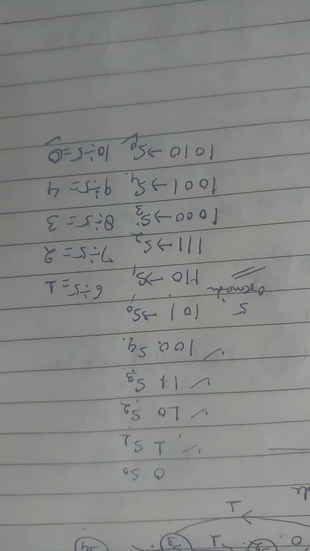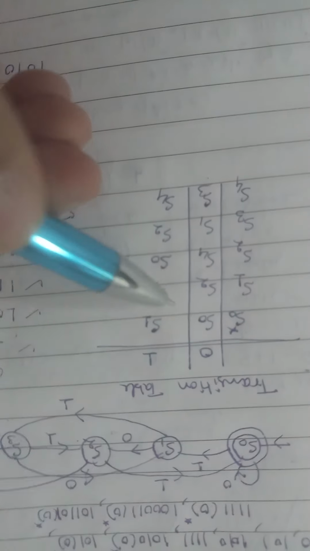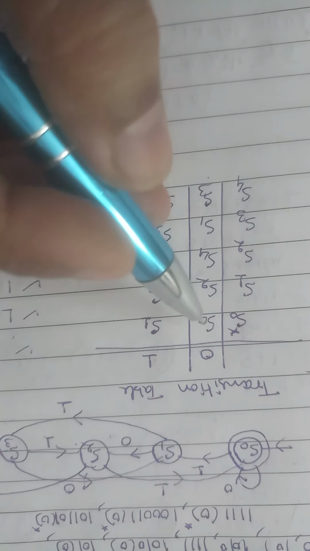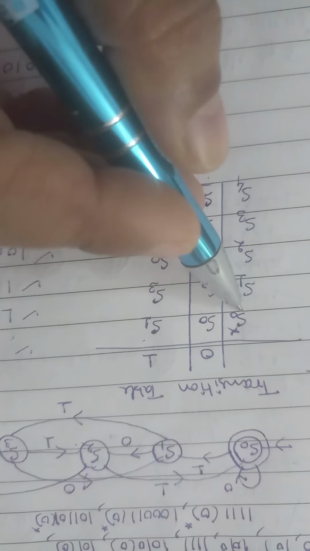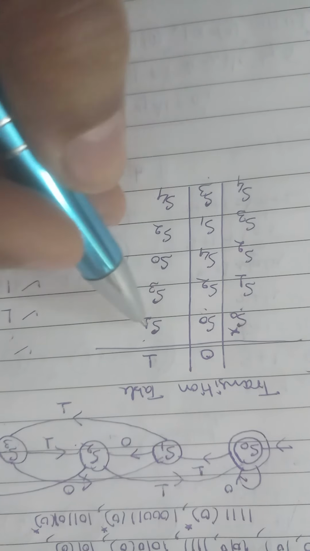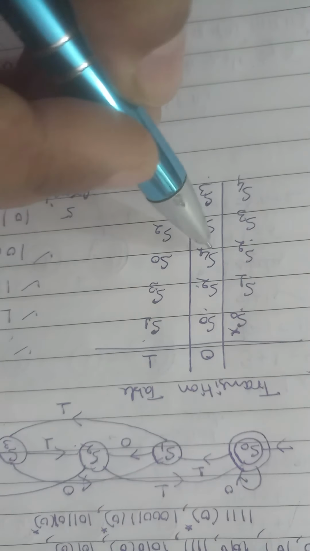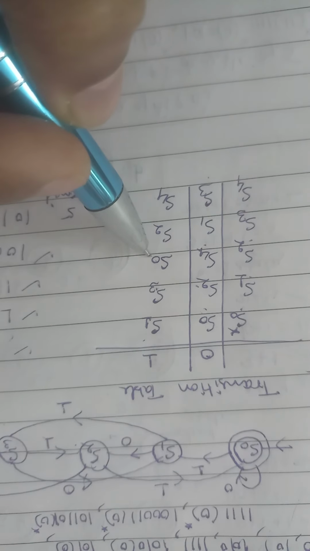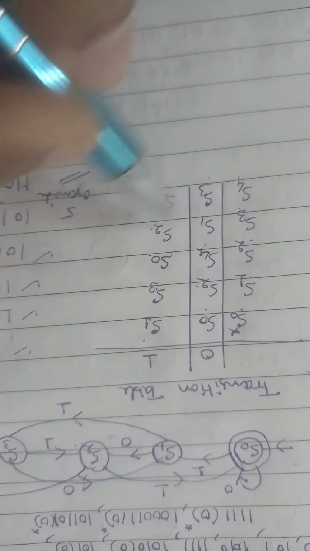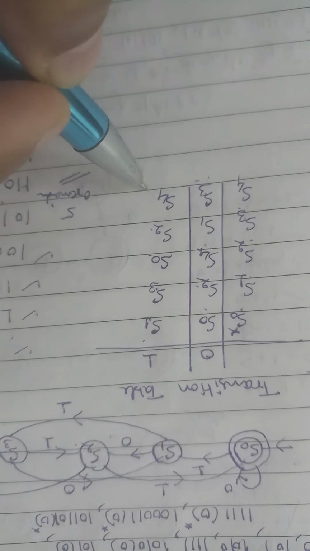So we can simply write that transition table in a simple way for 0 and 1 transition from initial state S0: for S0, S1; for S1, S2 S3; for S2, S4; and whenever it is completed, then again it will start from S0, then S3 S1 S2, and S4 S3 S4.